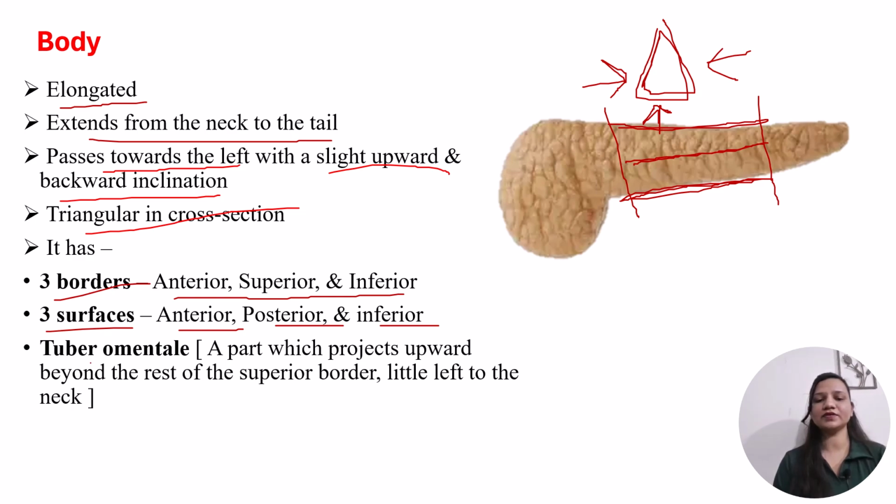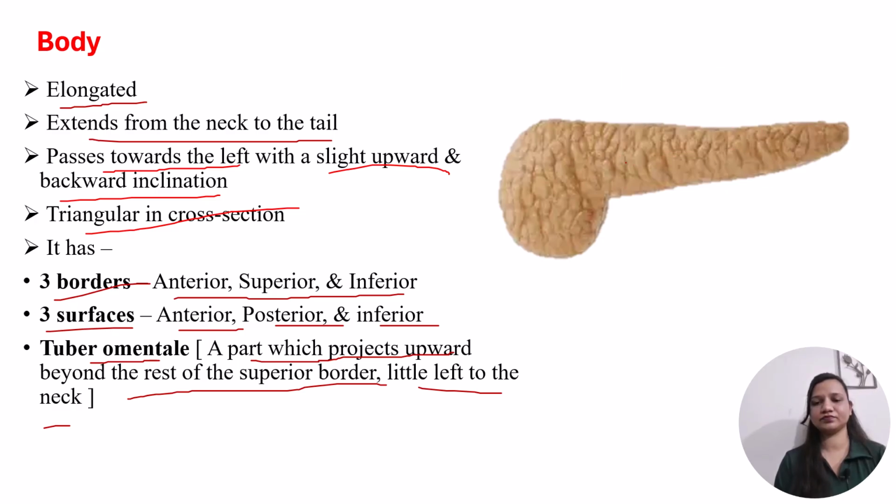And there is also presence of one structure which is called the tuber omentale. Tuber omentale is a part which projects upward beyond the rest of the superior border, a little left to the neck. So, this is the body and this is the superior border of the body of pancreas.